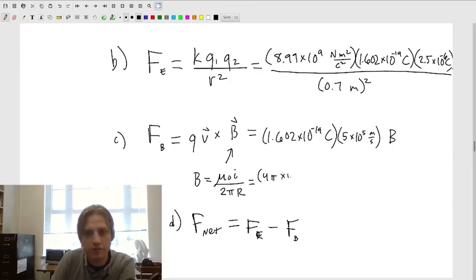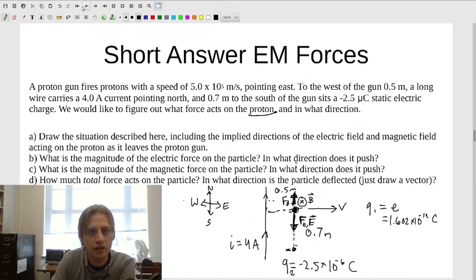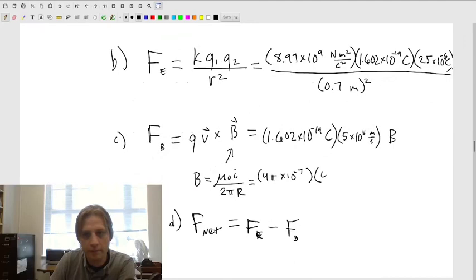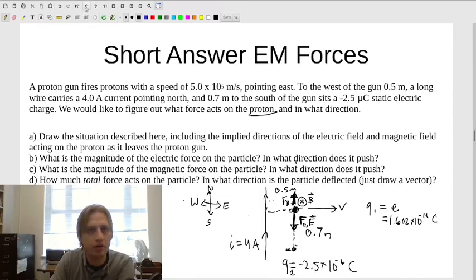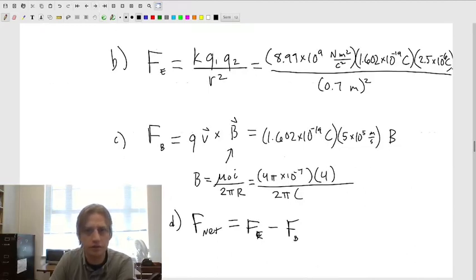4 pi times 10 to the minus 7th in good units, times I, the current in amps, 4 amps, over 2 pi, and then I have to put in r in meters, so that would be 0.5 meters.